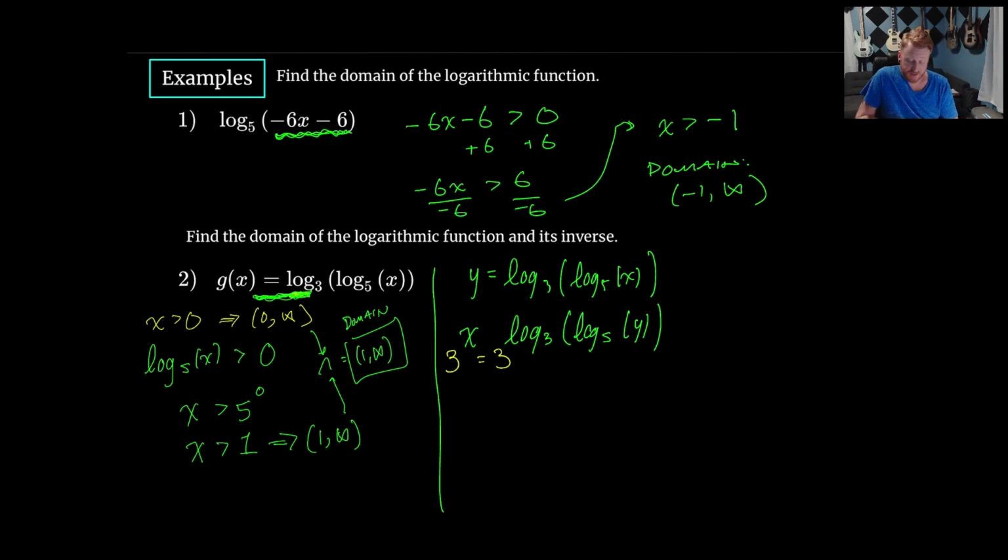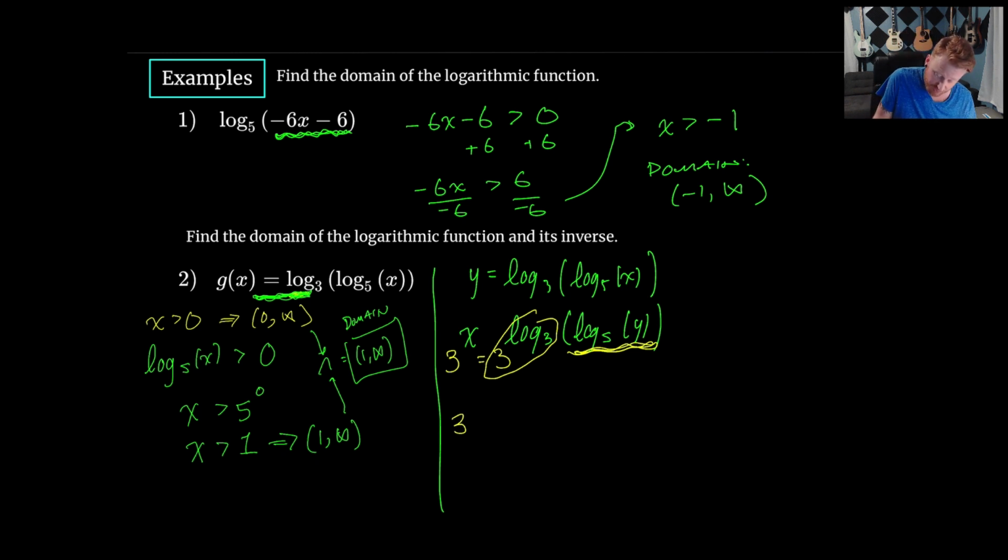What this now says is that 3 to the x is equal to 3 to the log base 3 of log base 5 of y. And why that's nice is that 3 raised to the log base 3 of whatever just gives you the inside here. These are two inverse functions undoing each other.